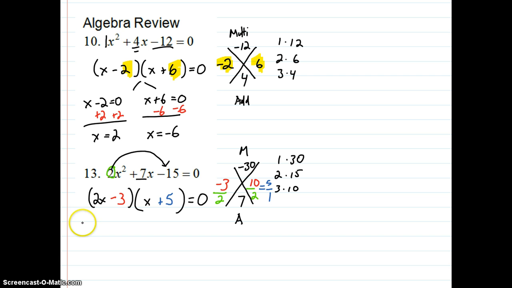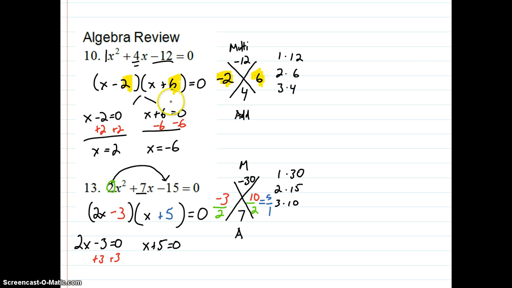Alright, so now all we have to do is set these two things equal to 0. 2x minus 3 equals 0. X plus 5 equals 0. We solve it, so we're going to add 3 to both sides and end up with 2x equals 3.